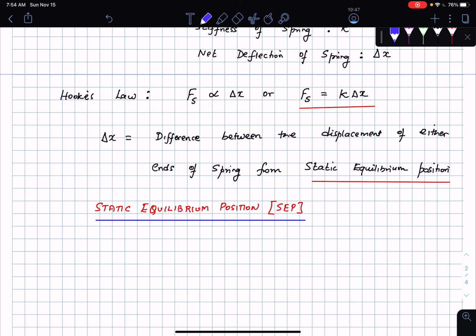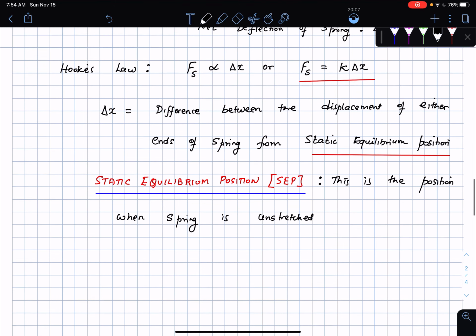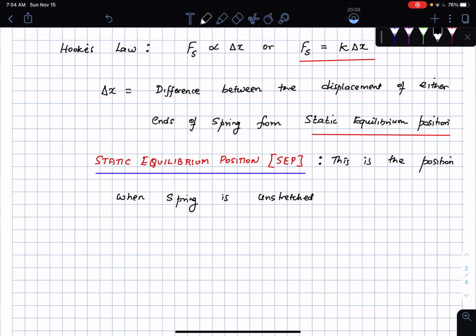This is called the unstretched position of the spring, which implies that delta x at the static equilibrium position is always 0. This is something that you want to always remember.